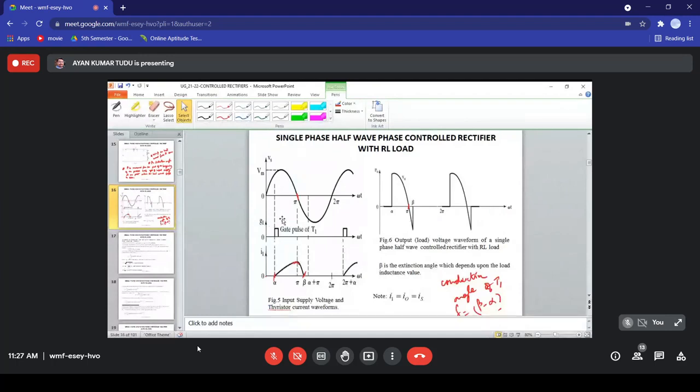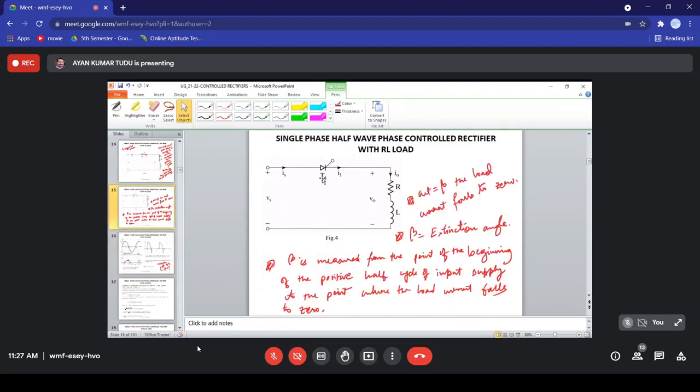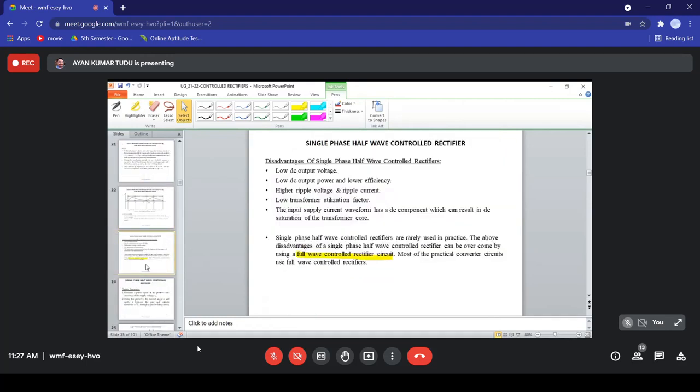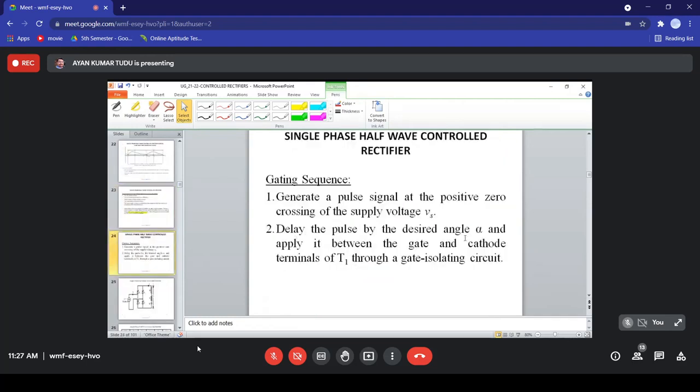We can delay the pulse by the desired angle alpha and apply it between the gate and the cathode terminals of the thyristor T1 through a gate isolating circuit.